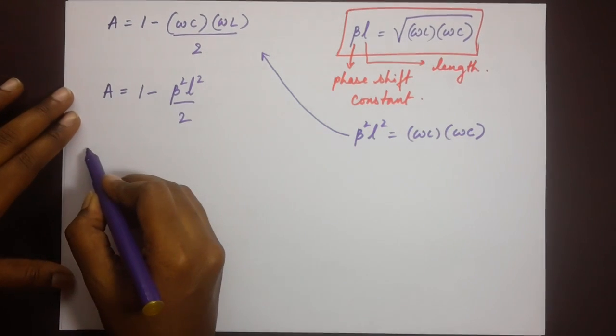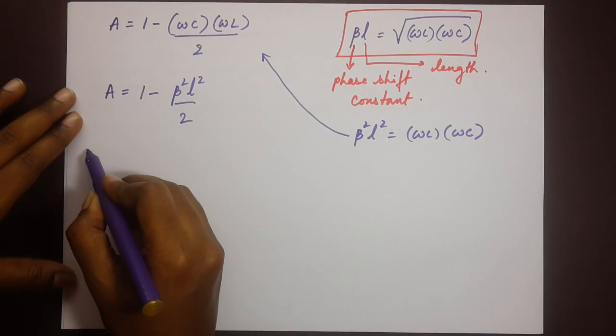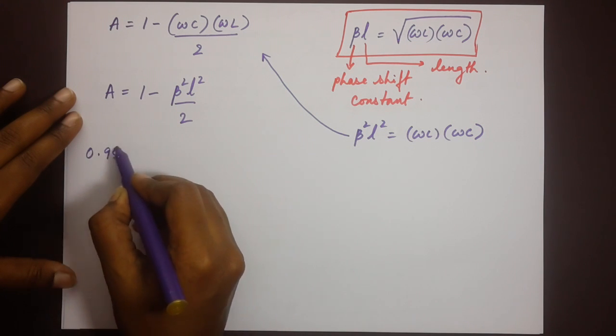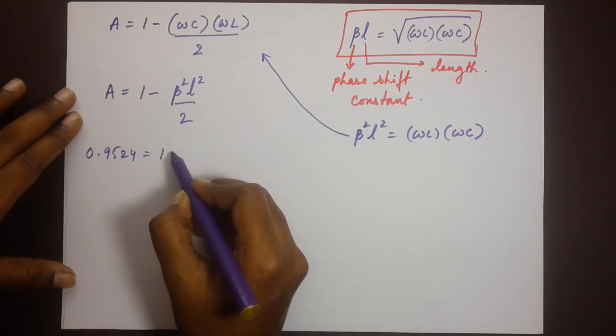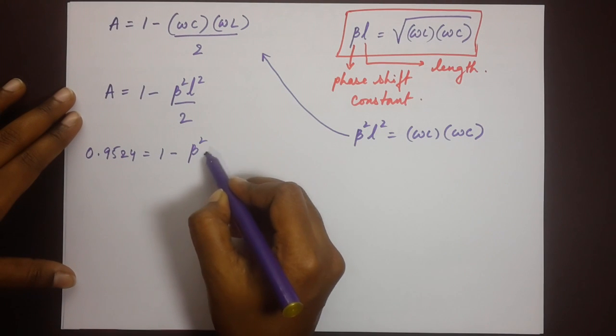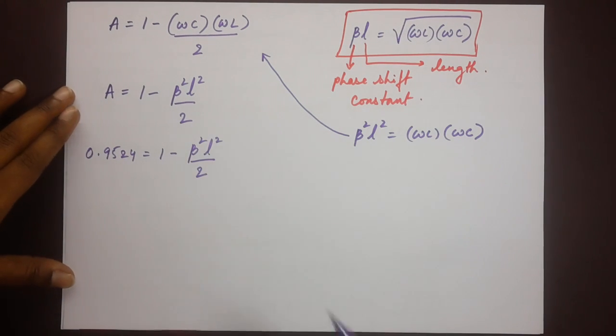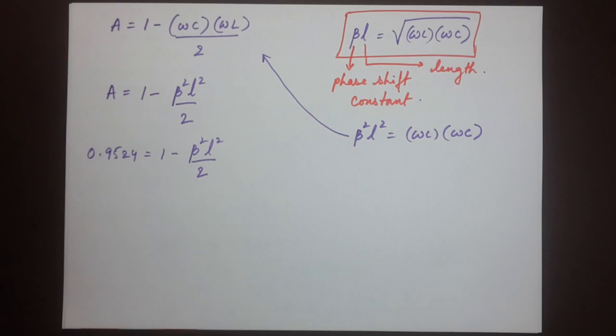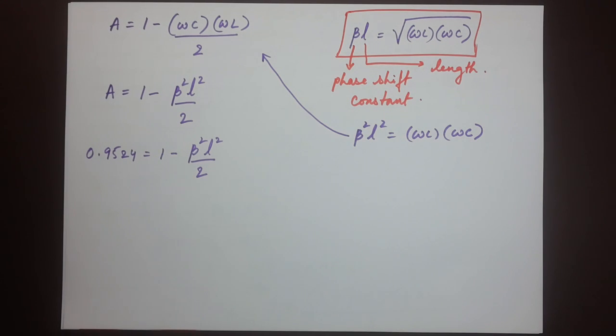Let's substitute the value for A now. We have A is 0.9524 is equal to 1 minus beta square L square by 2. Now the reason I have brought all of this up is because we require the length of the transmission line.